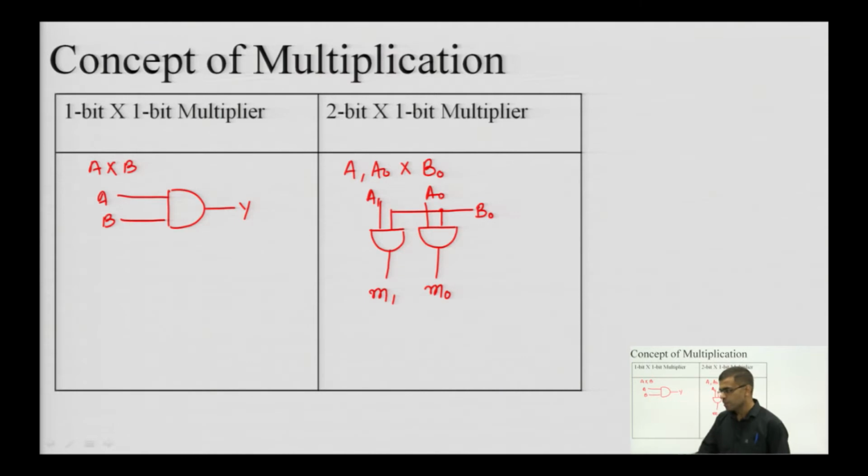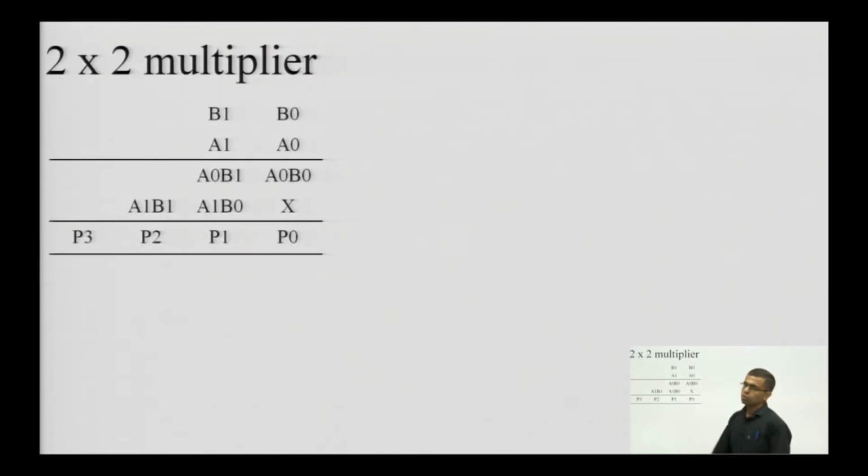Similarly, we can extend it further to prepare 2 cross 2 multiplications, but for designing the 2 cross 2 multiplier circuit, we first have to understand the concept which we have been using from our childhood for the multiplication of two numbers. Let us suppose there are two numbers b 1 b naught and a 1 a naught.